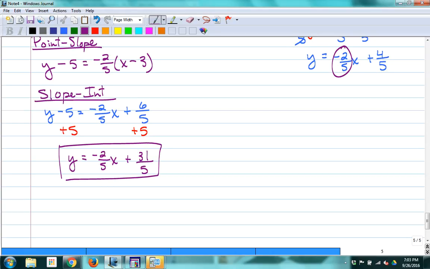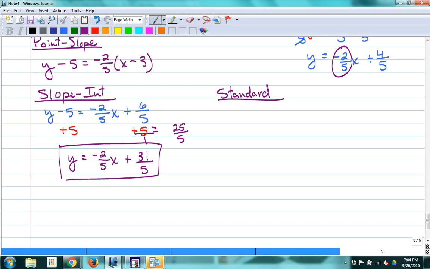Some of y'all are using a calculator to check stuff. 6/5 plus 5. Is that 31/5? Okay. Good deal. Because I'm doing all 3 forms, I don't know which one it's going to ask you for. It could ask for any of the 3 forms. So 5/1 turns into 25/5 because the common denominator would be 5. 5 times 5 is 25. 5 times 1 is 5. 25 plus 6. 31.